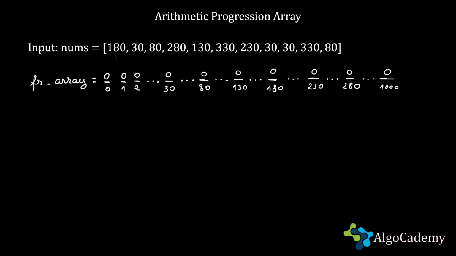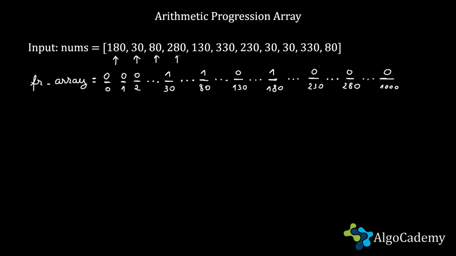So if I start with the first value, this is 180. Instead of 0 here, I'm going to have a 1. Then I have 30. Instead of a 0 here, I'm going to mark it as a 1, as true. Then I have 80, so this value will be marked as true.